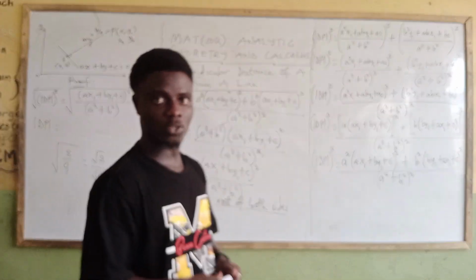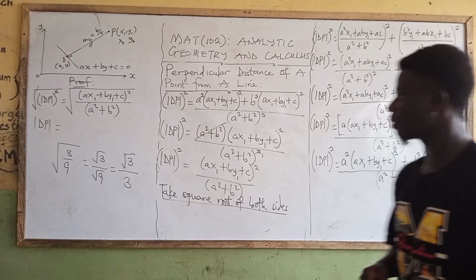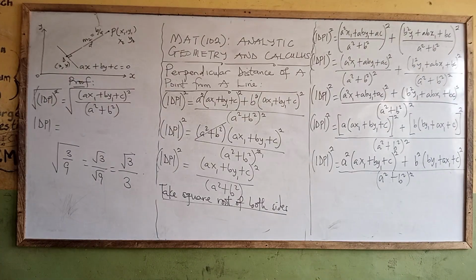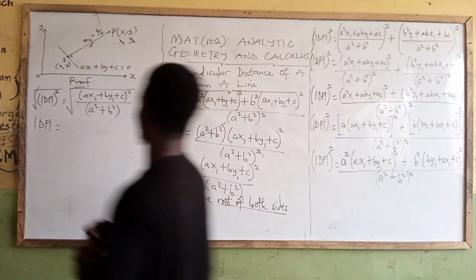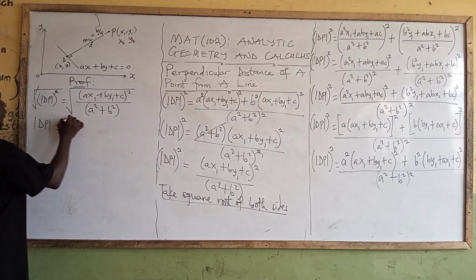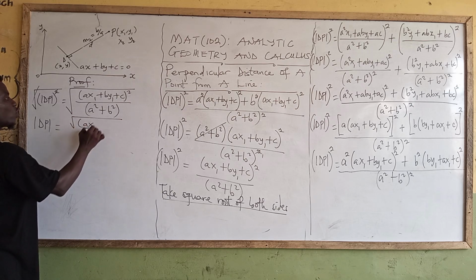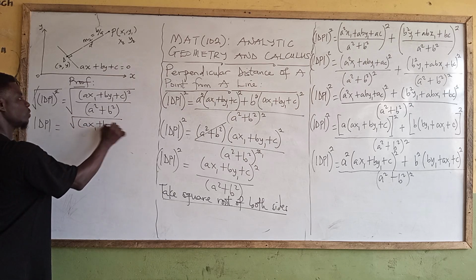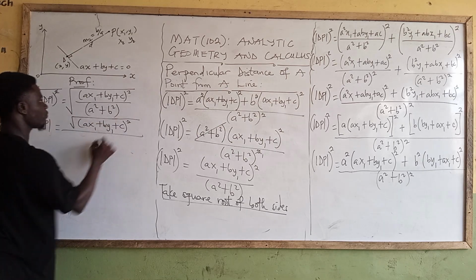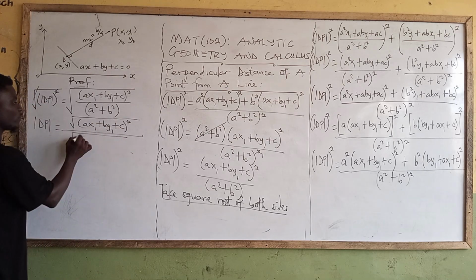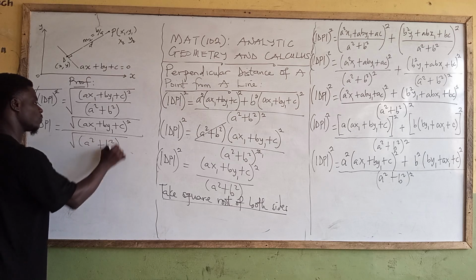Or we can say plus or minus 3. So now let's proceed. So I can also write it as the square root of a x1 plus b y1 plus c all squared divided by the square root of a squared plus b squared.